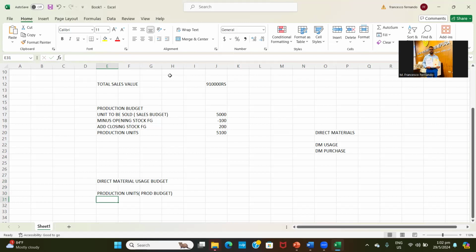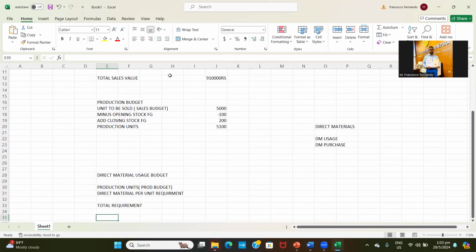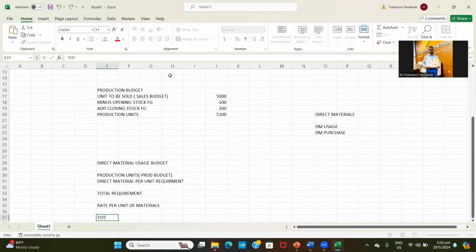Then we must take the direct material per unit requirement, so that we can get the total requirement, and then take the rate per unit of materials, and at the end we can take the total cost of direct material.